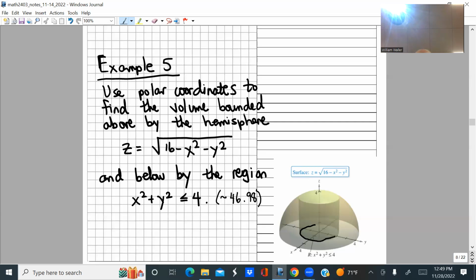Yeah, that region right there. So there it is, a description of the region in rectangular coordinates. What's that going to look like in polar coordinates? So let's write that down in polar coordinates. What are the limits on r for this region?